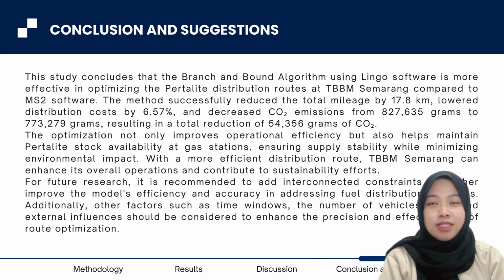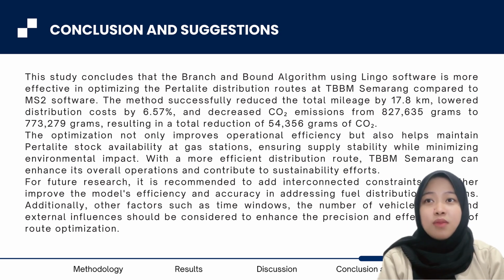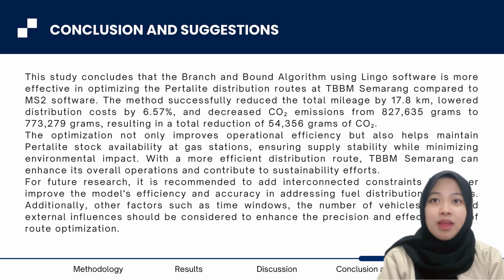So, for the conclusion, the method successfully reduced the total mileage by 17.8 kilometers, lowered distribution costs by 6.57%, and decreased CO2 emission from 827,635 grams to 773,279 grams, resulting in a total reduction of 54,356 grams of CO2.